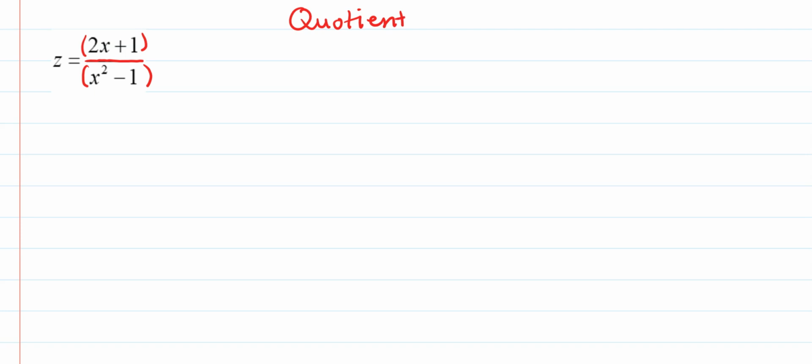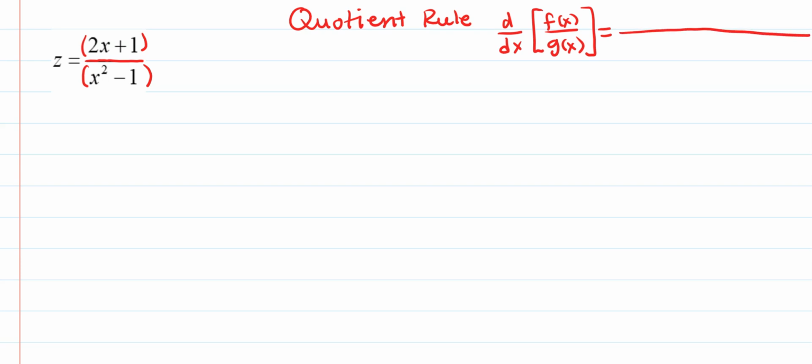So the quotient rule said that the derivative of a quotient, that is f of x divided by g of x, we would say that equals, okay, I'm going to just not write of x so that it's clean. The derivative of the first times the second minus the derivative of the second times the first, kind of like the product rule, but it's minus.